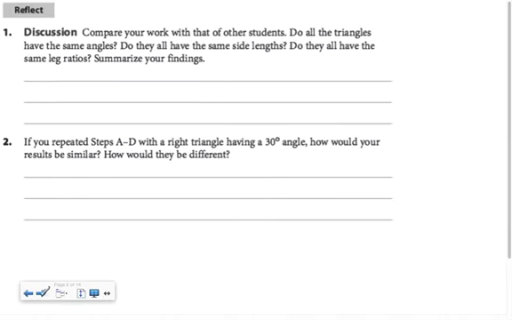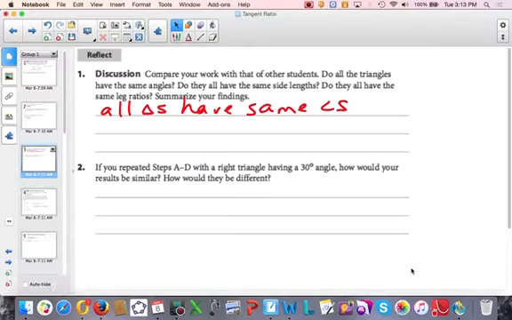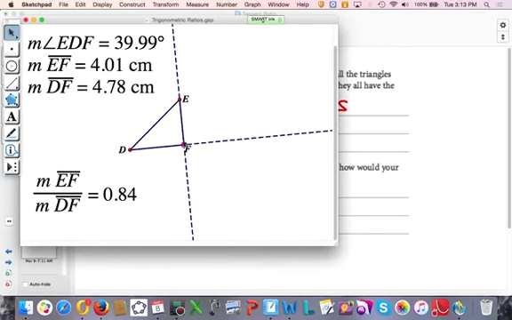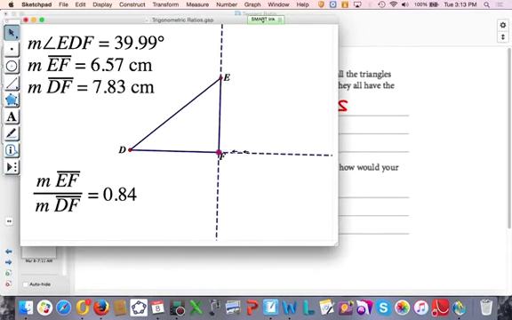And so again, if we were doing this in a traditional classroom where all of the students were doing this activity, we would see that, yes, all of the triangles would have the same angles. Again, if you consider here, the angles of these triangles are always the same.